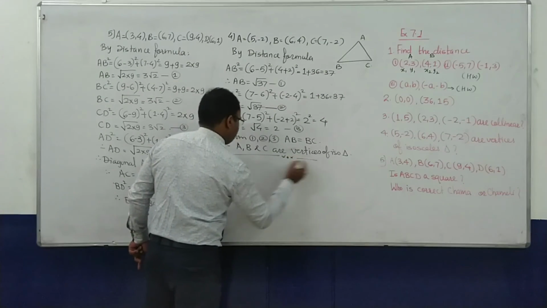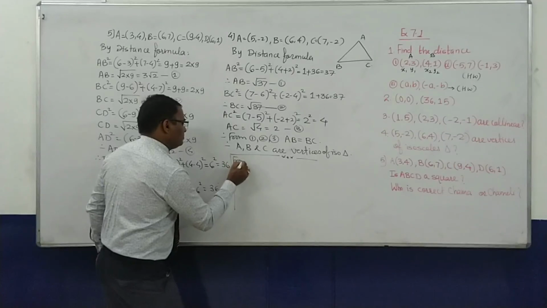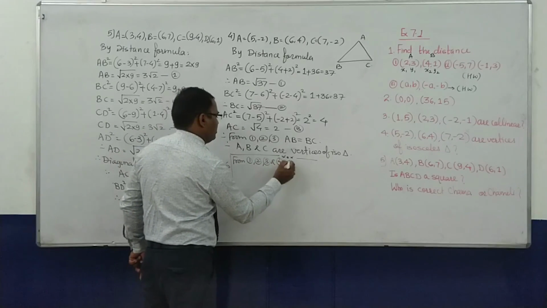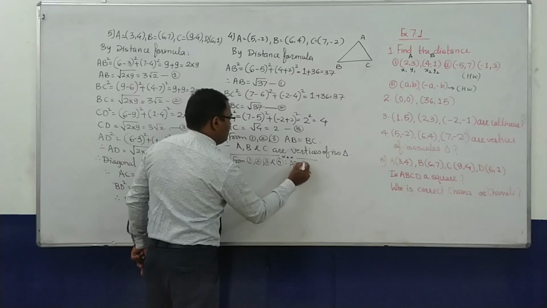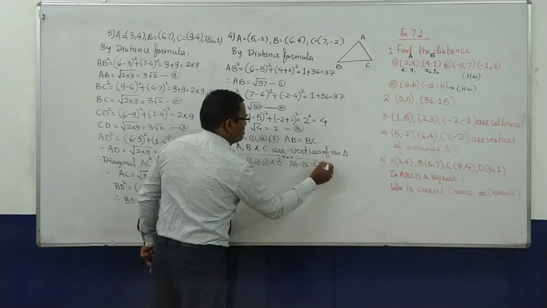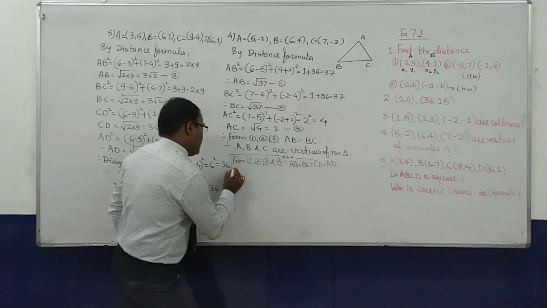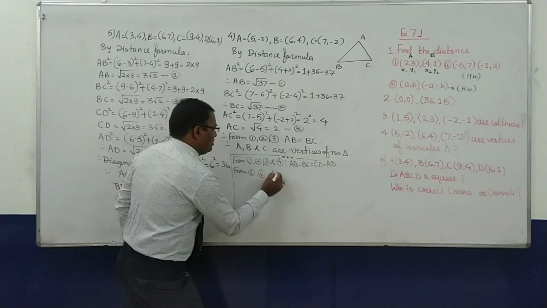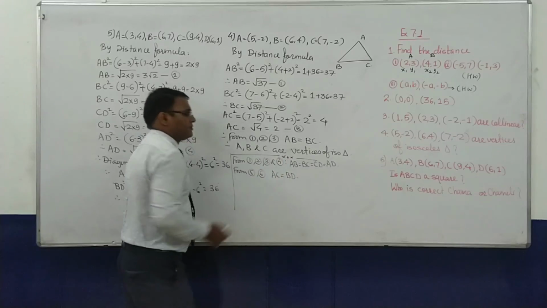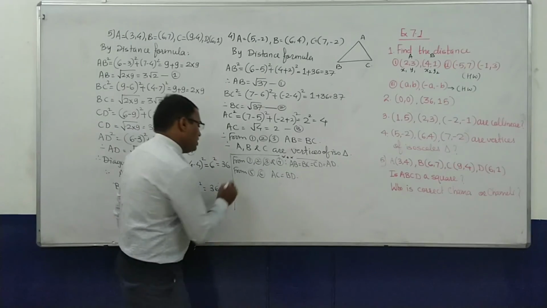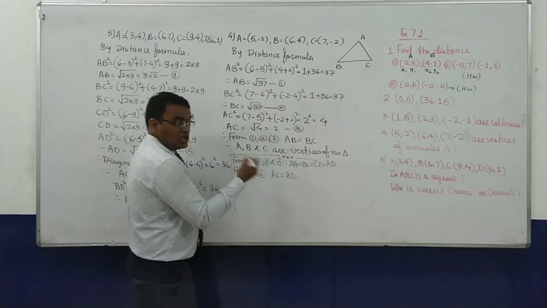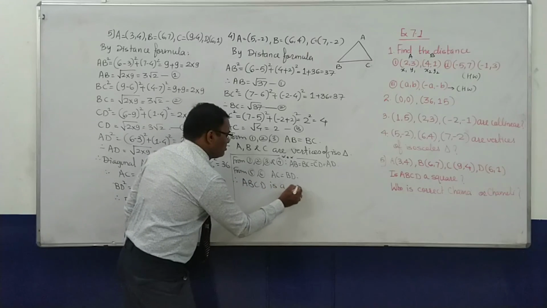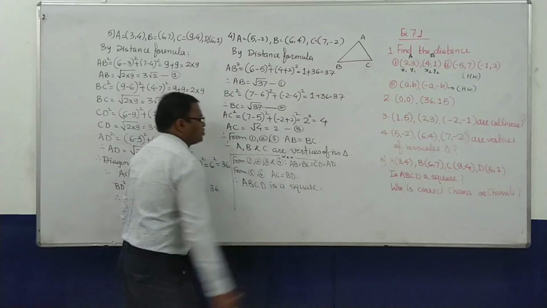So what we can say, from 1, 2, 3 and 4, AB is equal to BC is equal to CD is equal to AD, and from 5 and 6, AC is equal to BD. Therefore, from all these equations, ABCD is a square.